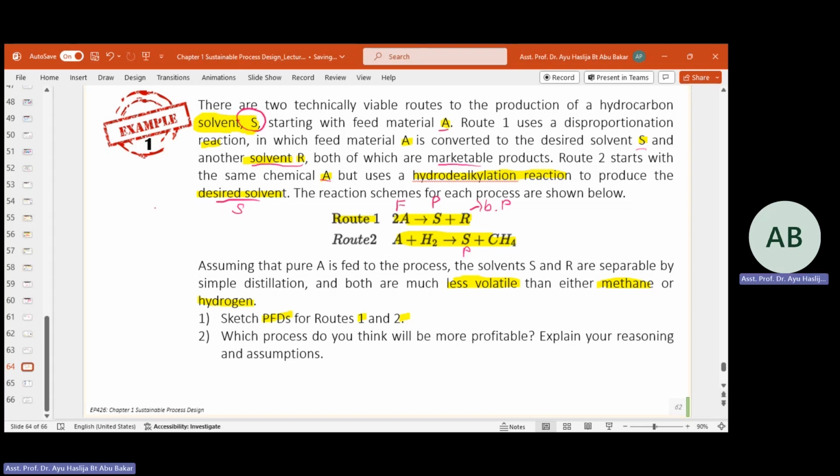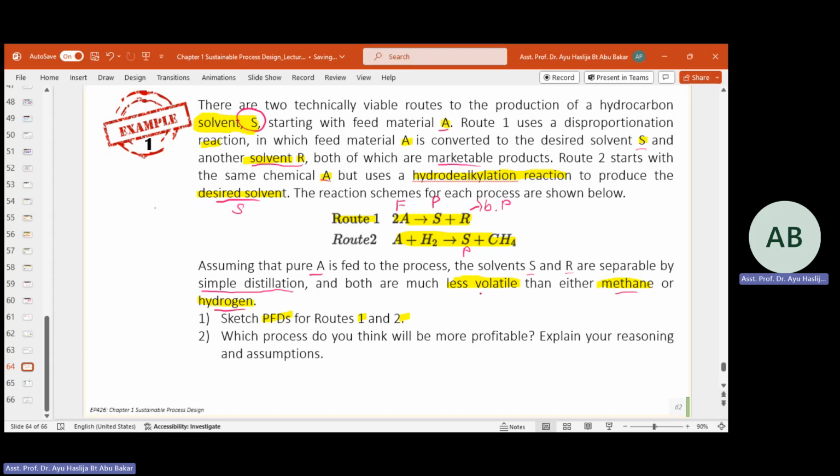Now, assuming that pure A is fed to the process, the solvents S and R are separable by simple distillation, and both are much less volatile than either methane or hydrogen.